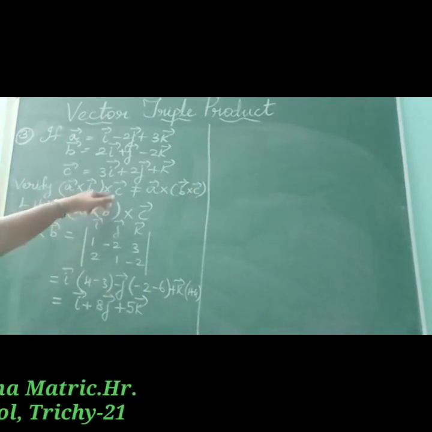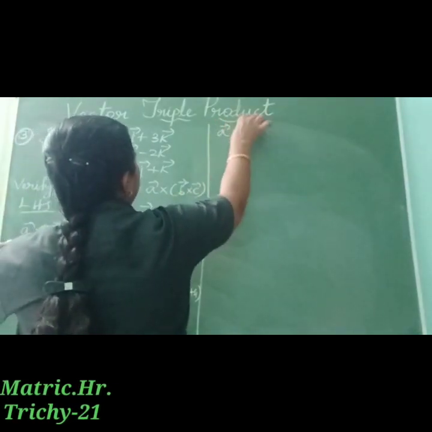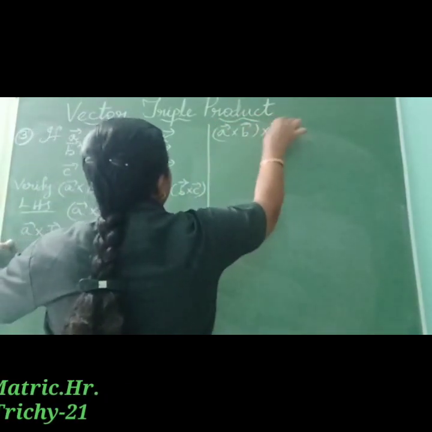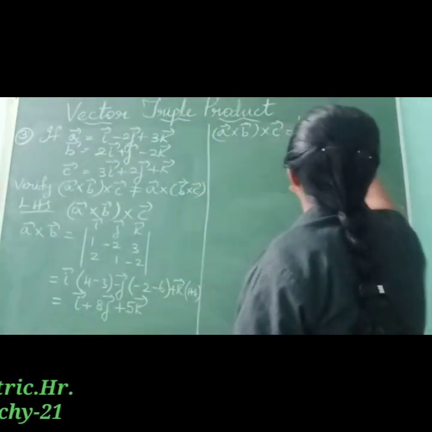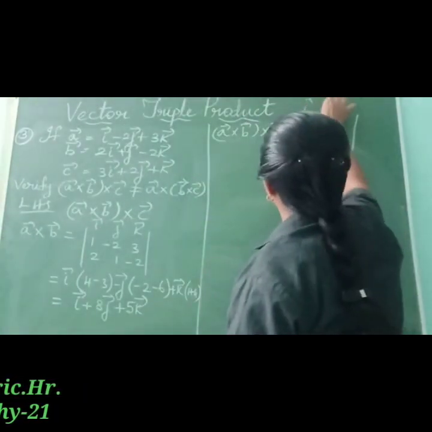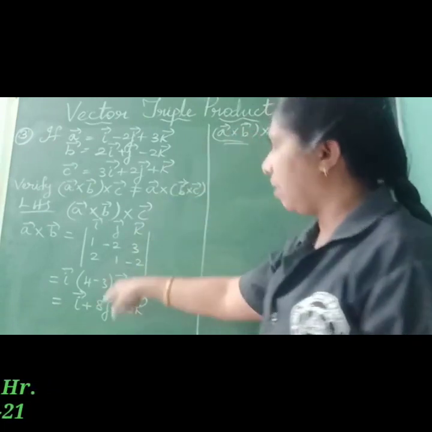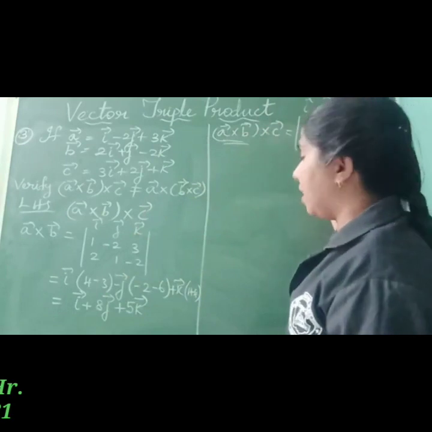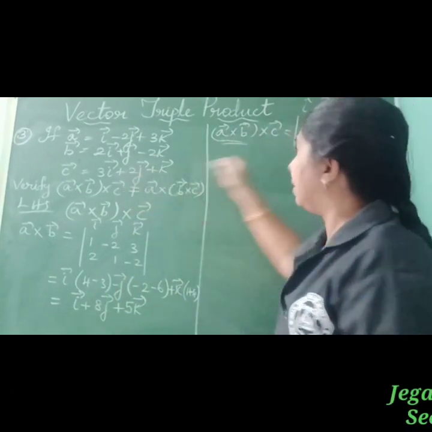Then (A cross B) cross C. Again we have to follow the IJK form. Now you have to take the coefficients of A cross B: 1, 8, 5. The coefficients of C: 3, 2, 1.